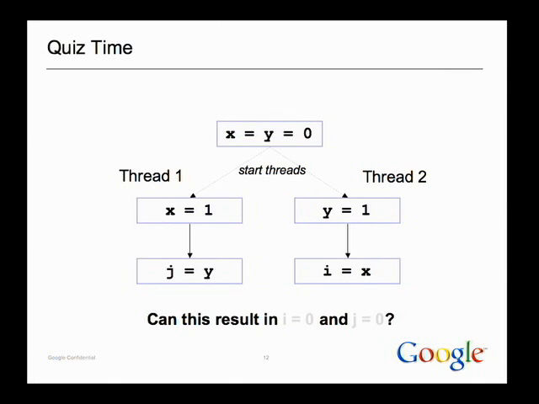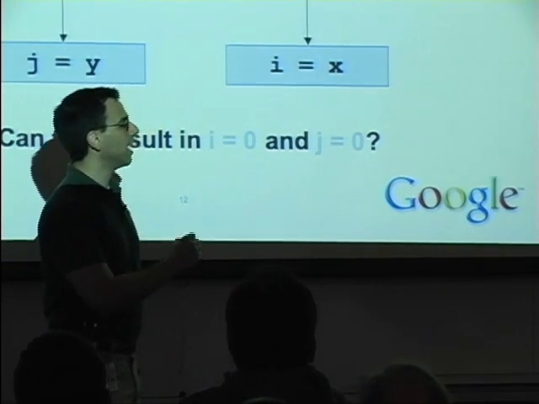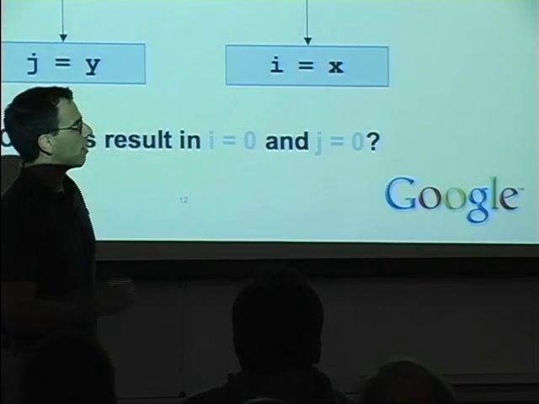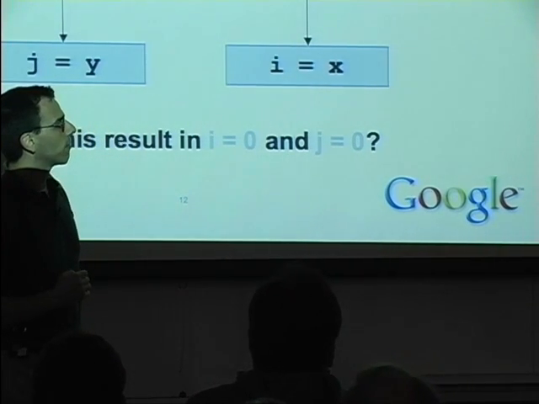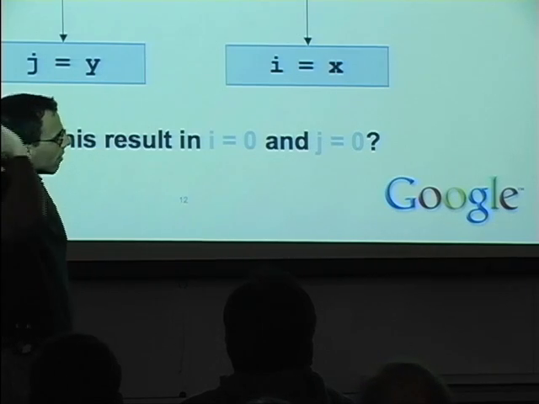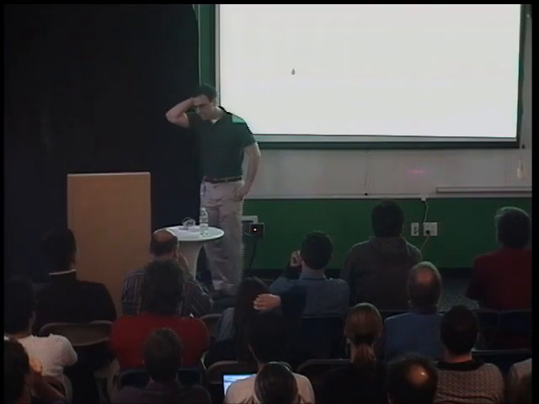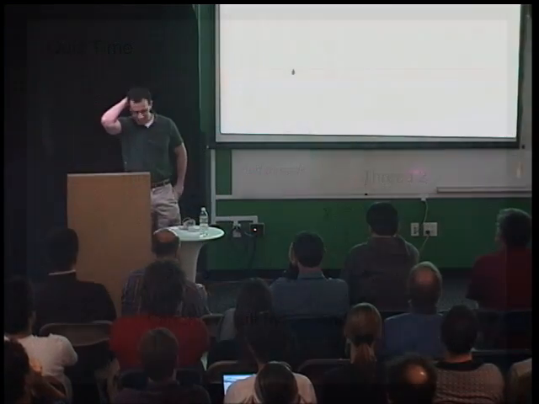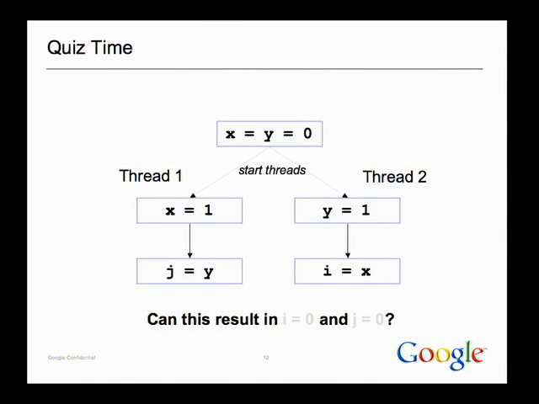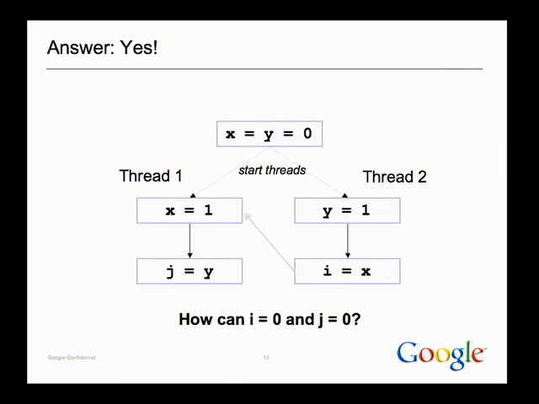And the question is, can this program result in i being assigned the value 0 and j being assigned the value 0? You think about it for a little while, and you think, well, if i is assigned the value 0, that means that read of x somehow came before the write to x. So there is some sort of thing that orders the read of x before the write to x.